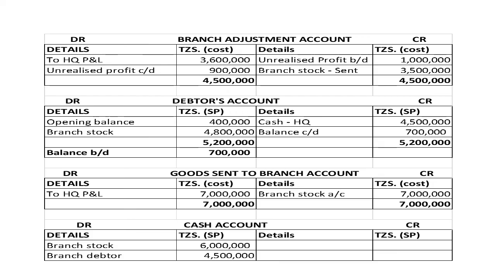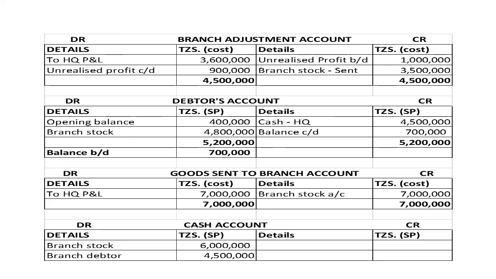But again, on goods sent to branch, there were 7 million of goods sent, but the profit loaded in the branch stock for goods sent was 3,500,000. And the closing stock also has a profit margin of 900,000.